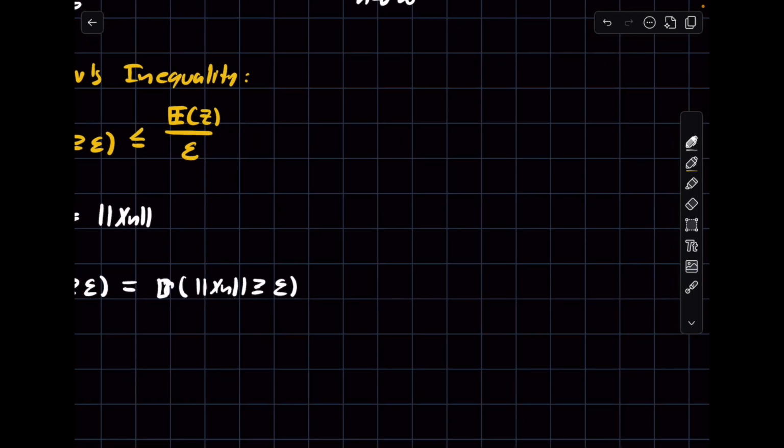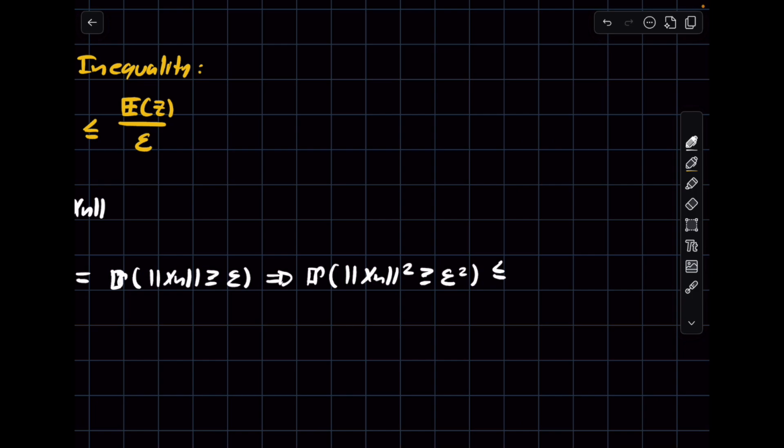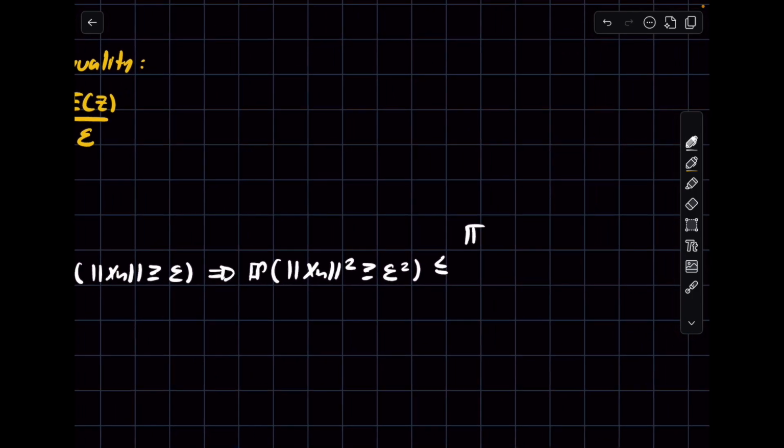Now we know for a fact that if we square both sides, this will be lower or equal to the expected value of X_n squared over epsilon squared. That's simply what we're doing here.